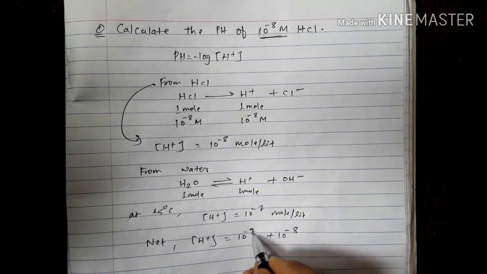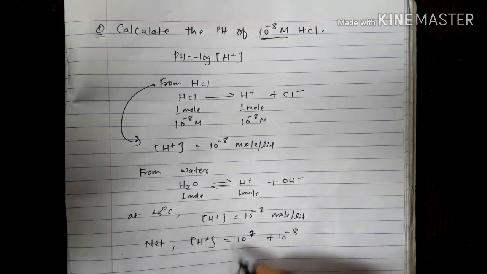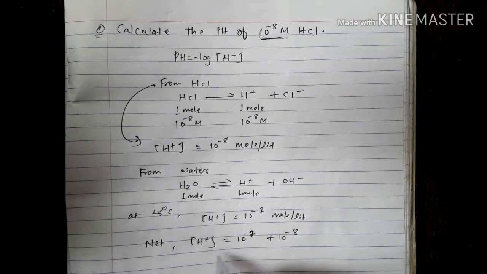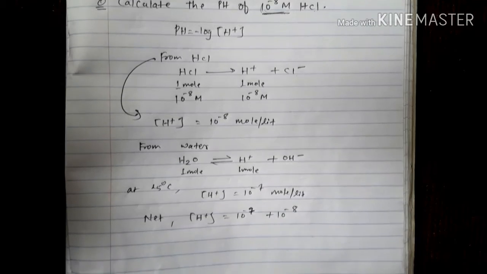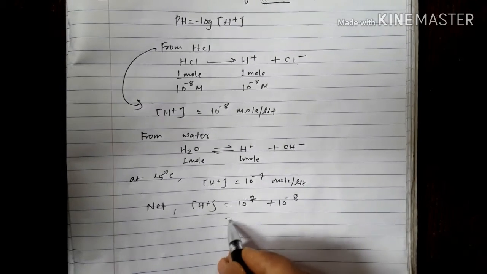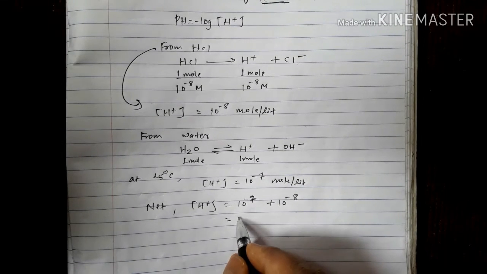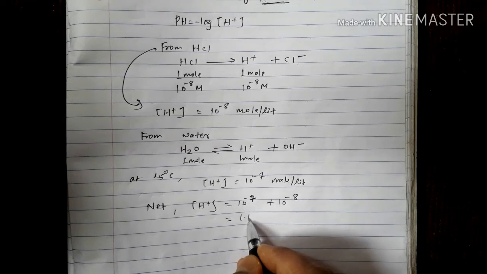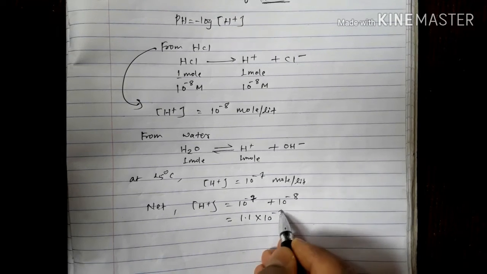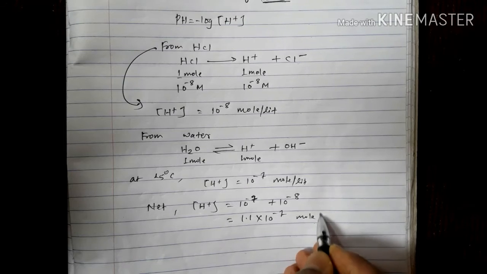In this case, you can't neglect any value. These two values are comparable, so you can easily add them. After adding, you will get 1.1 into 10 to minus 7 moles per liter.